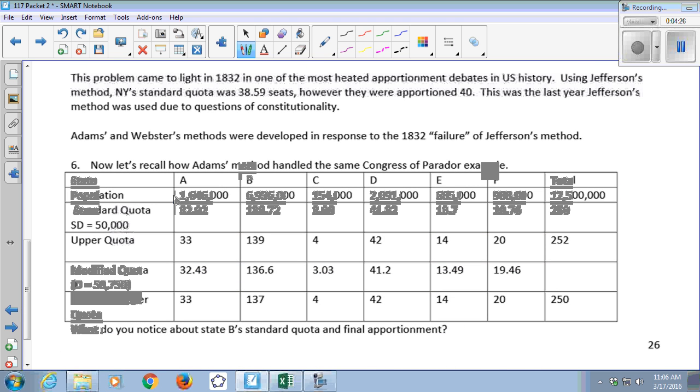It was one of the most heated apportionment debates in US history. The United States was using Jefferson's method, and New York's standard quota was 38.59 seats, but they were given 40 seats under Jefferson's method. That led to a really heated debate about the constitutionality of Jefferson's method, and that was the last year Jefferson's method was used. Adams' method and Webster's method were both developed in response to that 1832 failure of Jefferson's method.